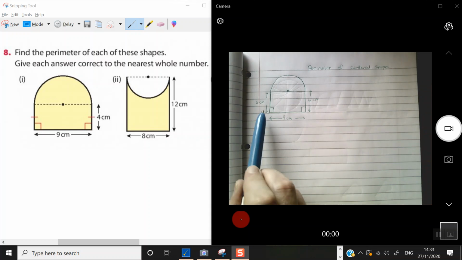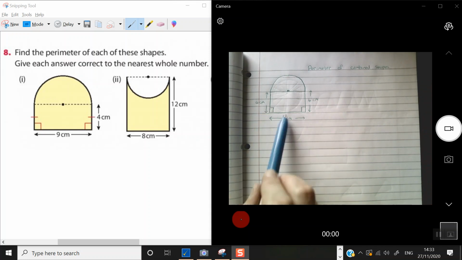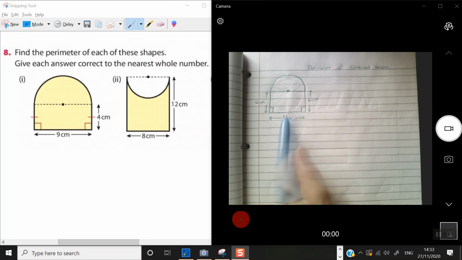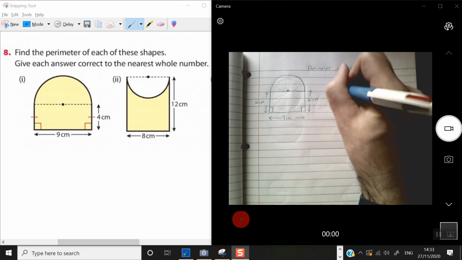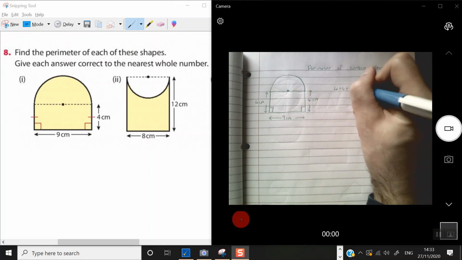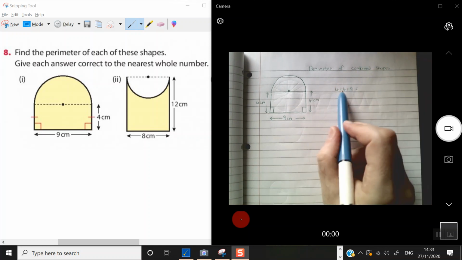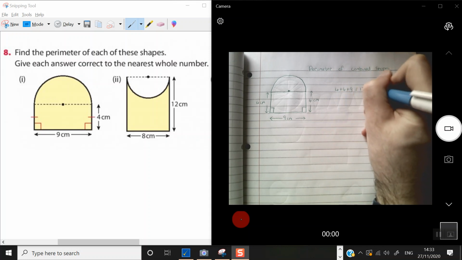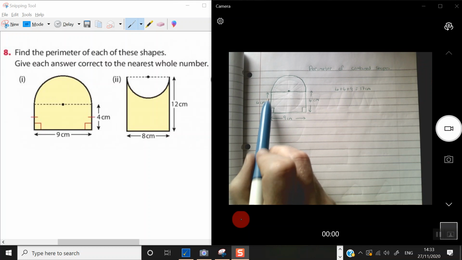So what's going to be the perimeter of this bottom part of the shape? It's just going to be 4 plus 4 plus 9, which is 4 and 4 is 8, and 9 is 17 centimeters. So that's for the bottom part.